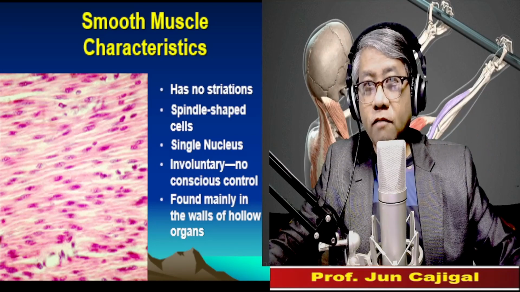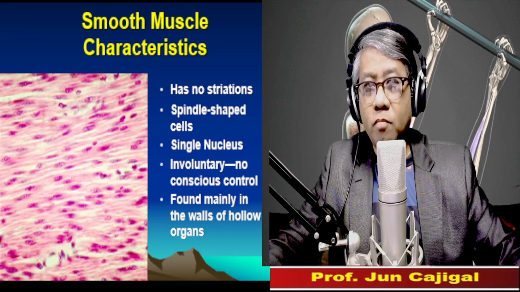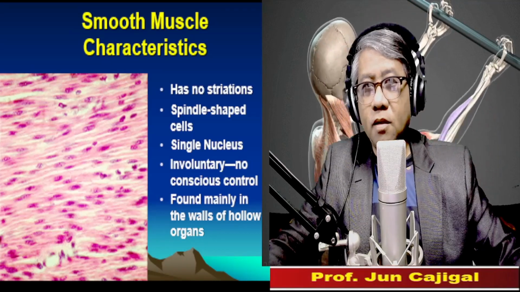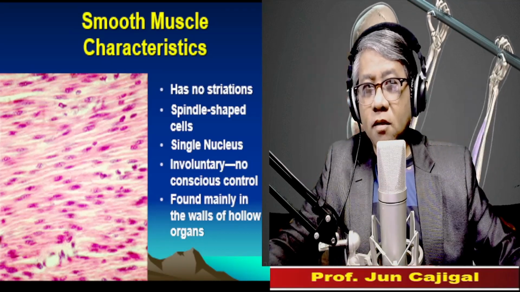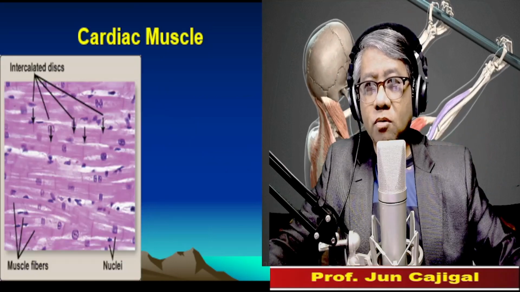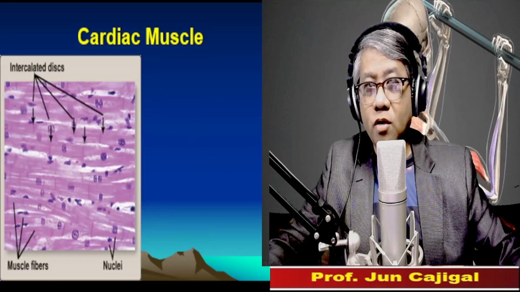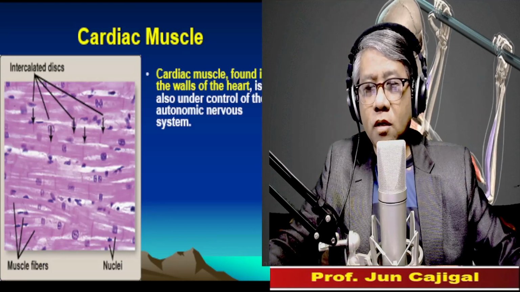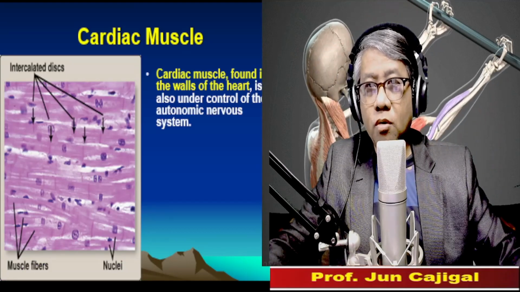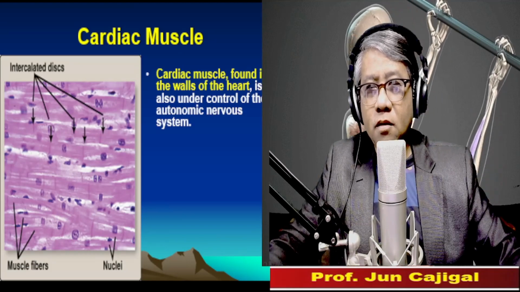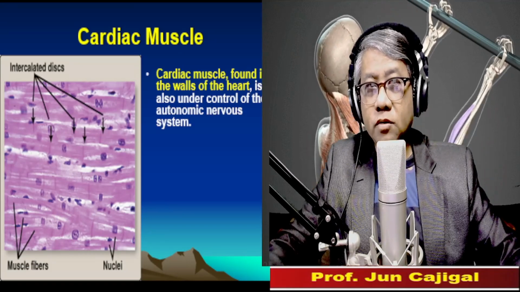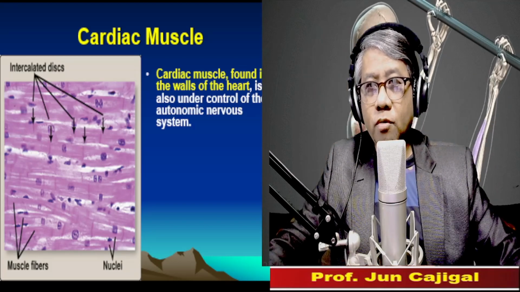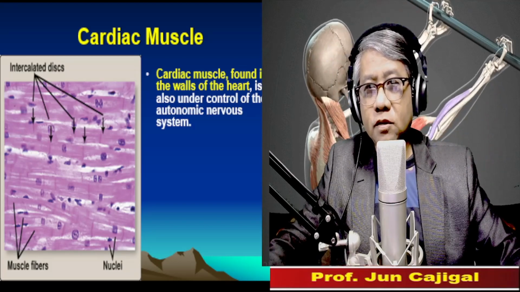And also, let's not forget that this type of muscle contracts slowly and rhythmically. And lastly, the next type of muscle is called cardiac muscle or the myocardium. Now, the cardiac muscle is found only in the muscular wall of the heart. And this type of muscle is also under the control of the autonomic nervous system.